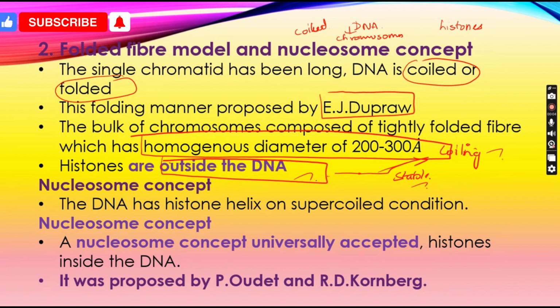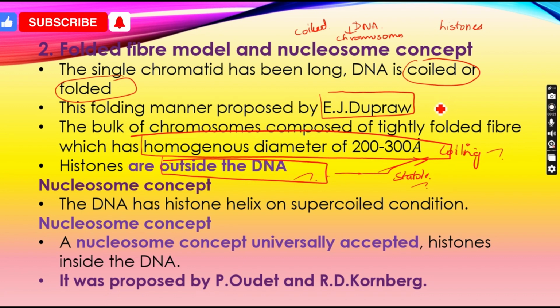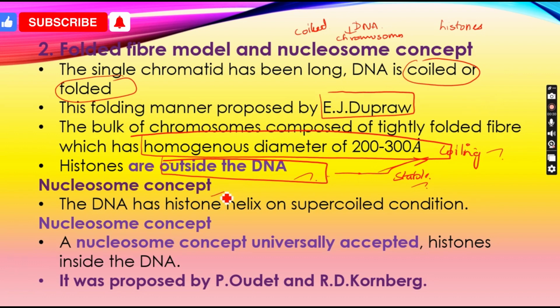So these histones are found to be outside the chromosome, which would stop it from functioning. But according to the accepted concept, some of the histones are found inside and some outside, which makes a stable chromosome according to the nucleosome concept.